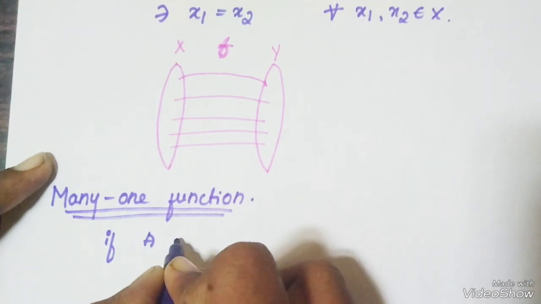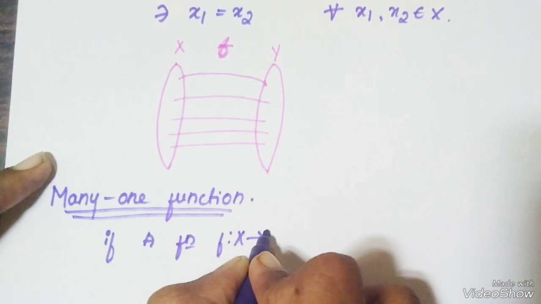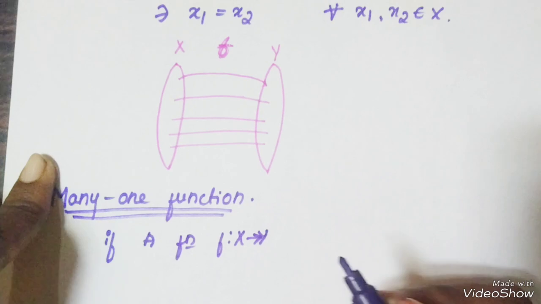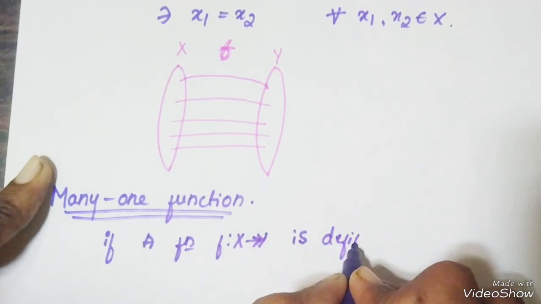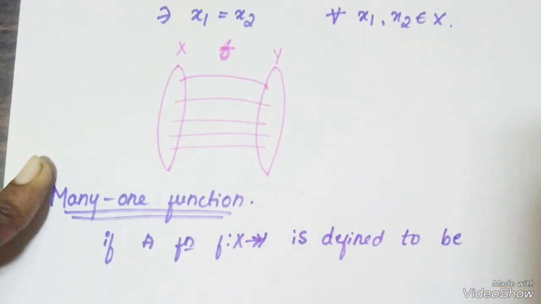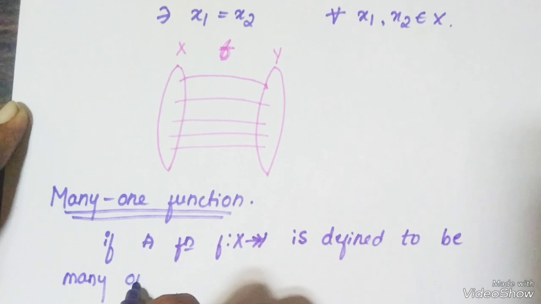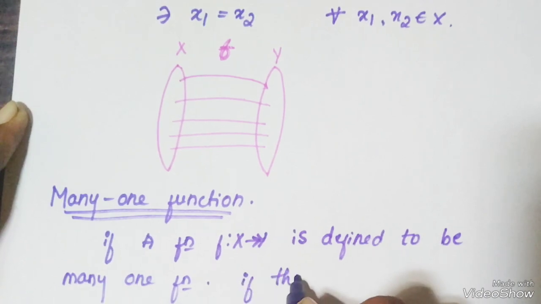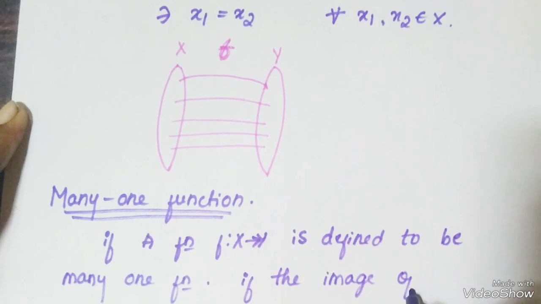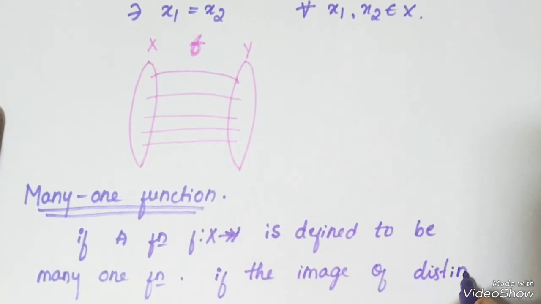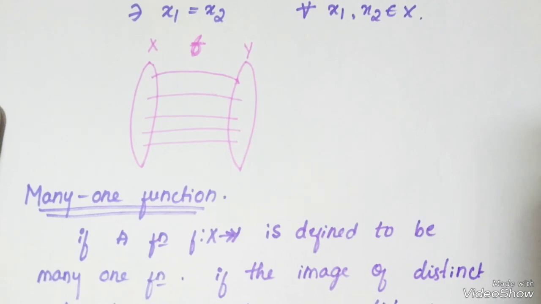A function f from X to Y is defined to be a many-one function if the images of distinct elements of X under f are distinct, otherwise not.